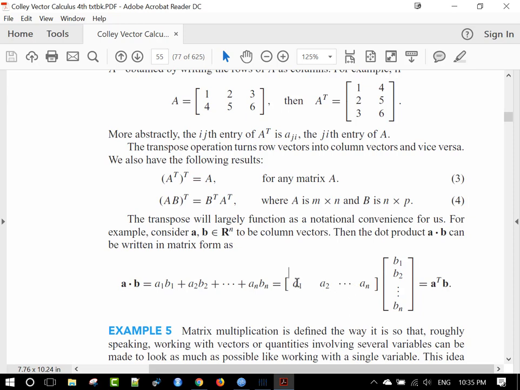So in order to do it, you have to make the column vector a row vector. So they're saying do this. I guess they're assuming A was originally a column vector. So if they're both column vectors, then you have to take the transpose before you could treat them as matrices and multiply them.